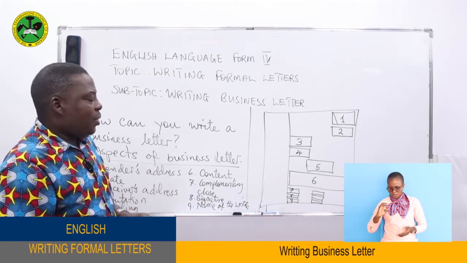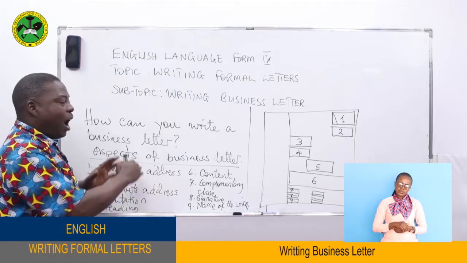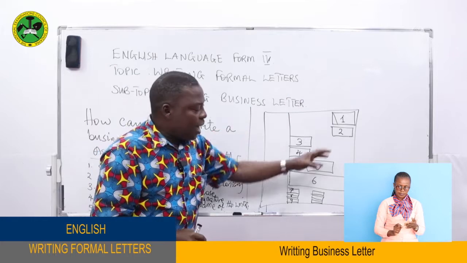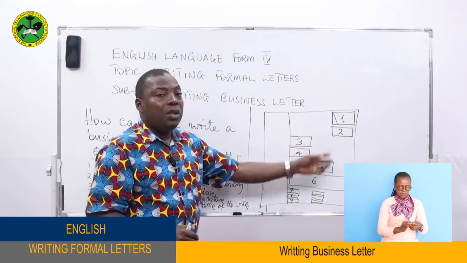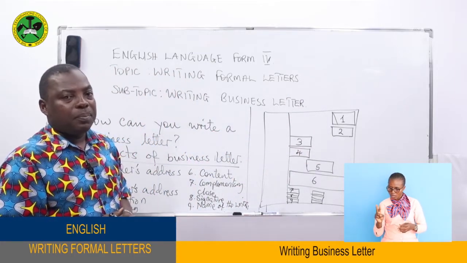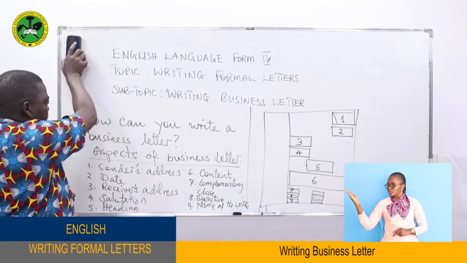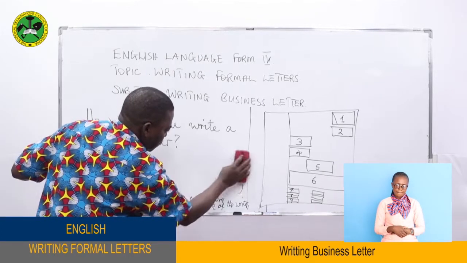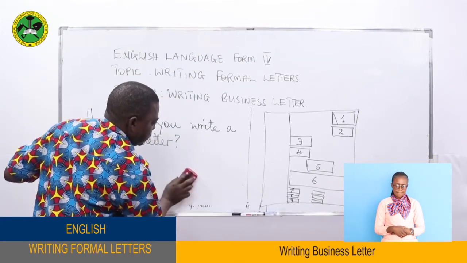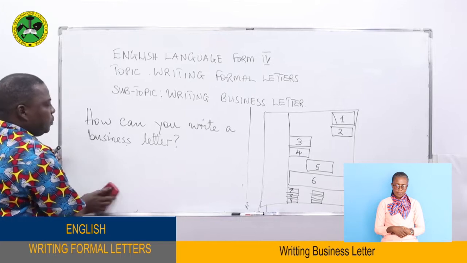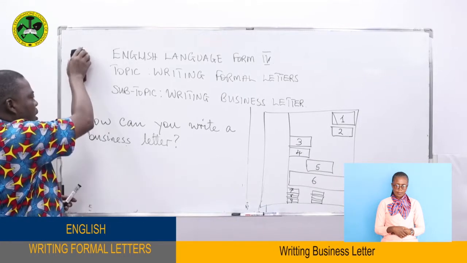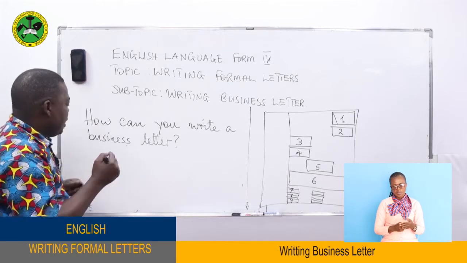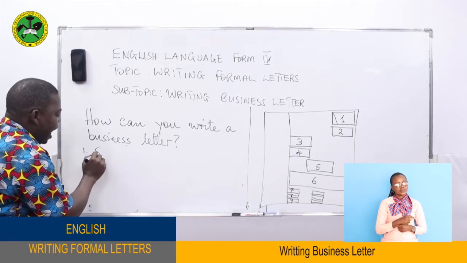Keep in mind that in whichever way they are written, their places in the organization have to be seen in these positions. Dear students, the first element is the sender's address, as we said.